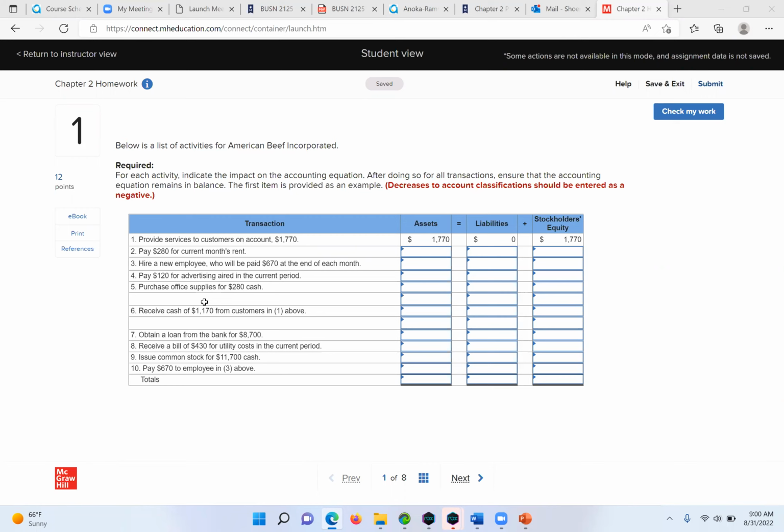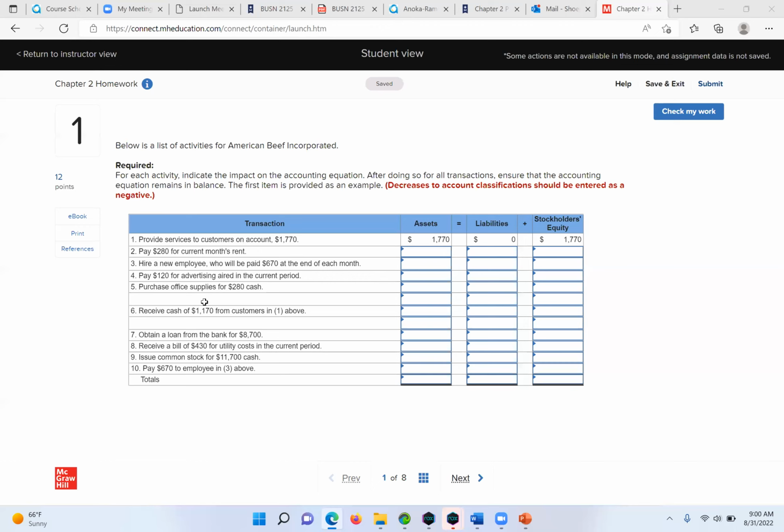Okay. So let's talk about just one account. When we pay money for rent, what is one account that's being affected? The assets. Cash, right? Yes, asset, cash. So we use cash. So when we use cash, cash goes down, right?